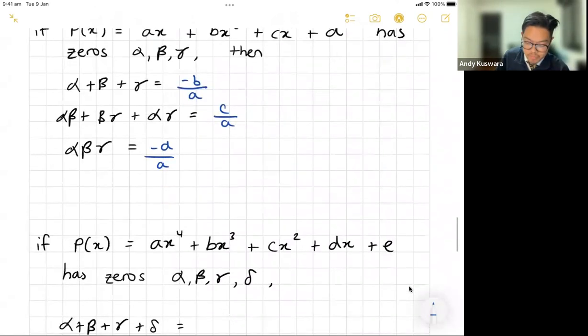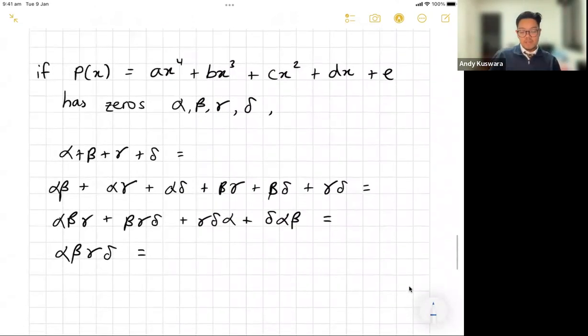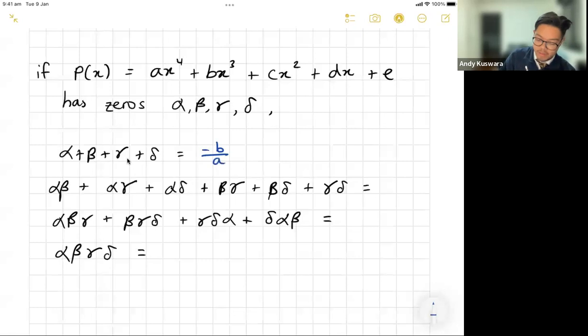Now, quartics is about as far as you go. And so here I've written up a generic quartic, ax to the 4 plus bx cubed plus cx squared plus dx plus e. And so if there's a quartic, you can have up to 4 zeros or 4 solutions. So alpha, beta, gamma, and delta. Now again, if I'm adding all the singles, it's going to be minus b on a.